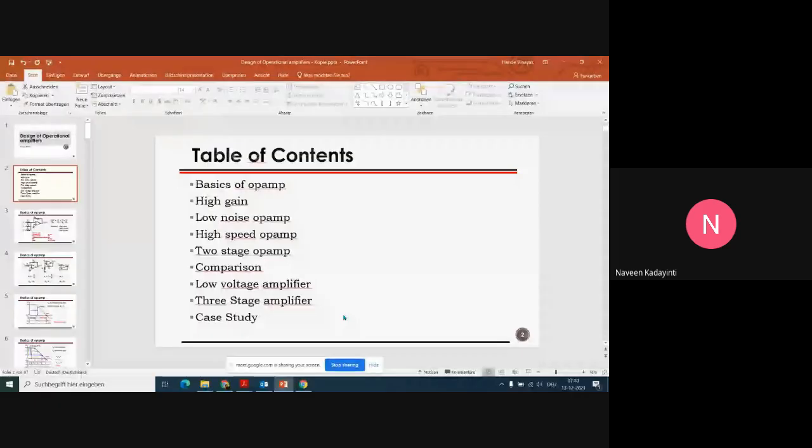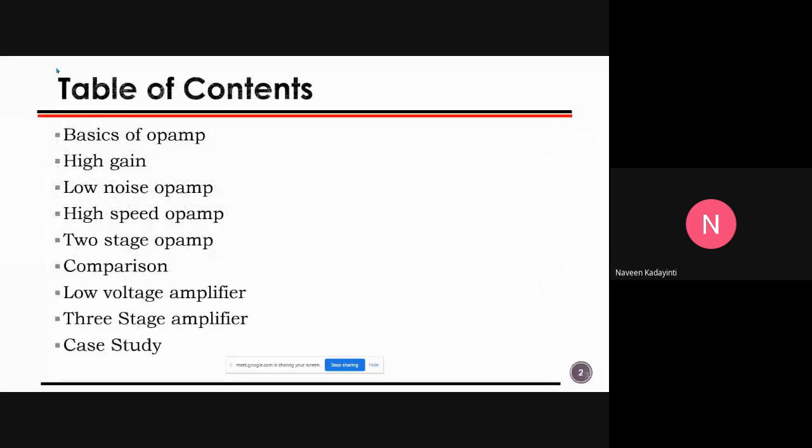Not yet. Yes, it's visible, but not the slideshow. Now it is fine. Now the slide number 2, table of contents, is visible. Yes, correct, thank you. Okay, no problem. Hope everybody is on the same page. I guess nobody replies, so I believe everybody is on the same page.